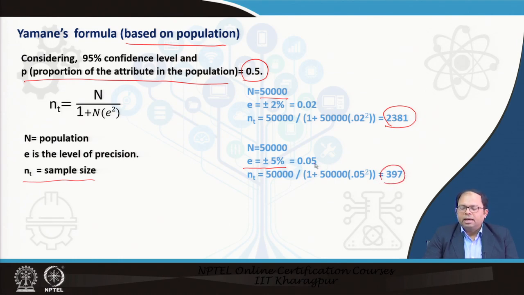So you can see that an increase in precision increases the sample size by a huge order. So we need to be careful about what appropriate precision we require. In certain studies the precision level required may not be that high, so we can go for a 10% precision level. It depends on what kind of study we are doing.